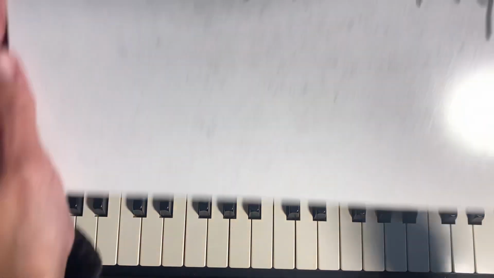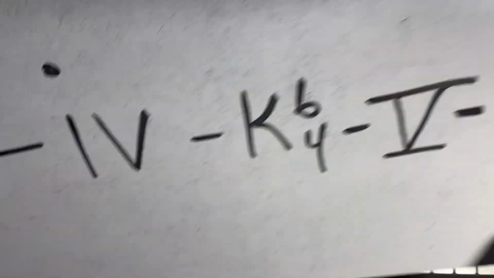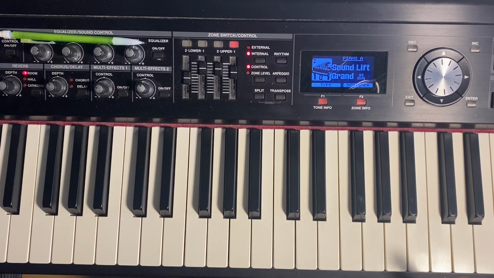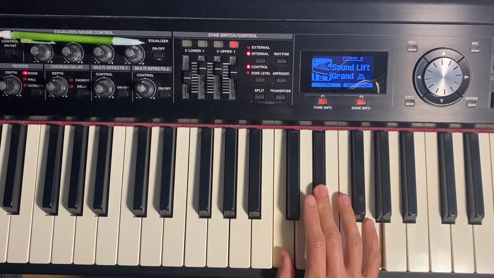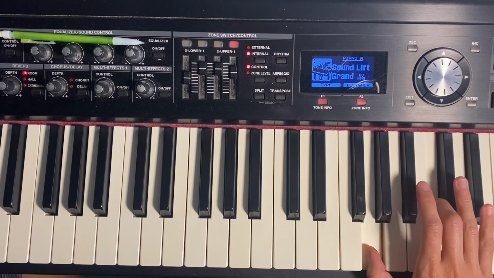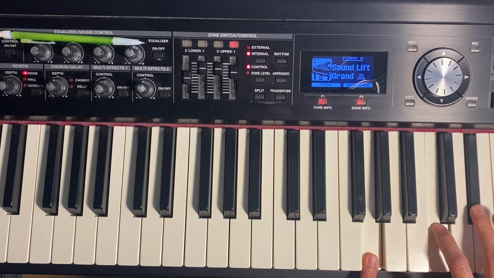Now, the cadential 6/4 chord is just a decoration of the 5 chord. So think about it as the 1 chord, but in second inversion. So we have G, C, and E flat. And you'll notice there's a bigger gap right here than there is right here.